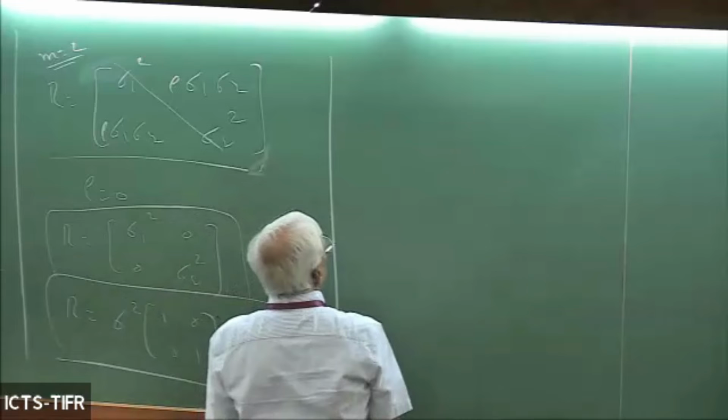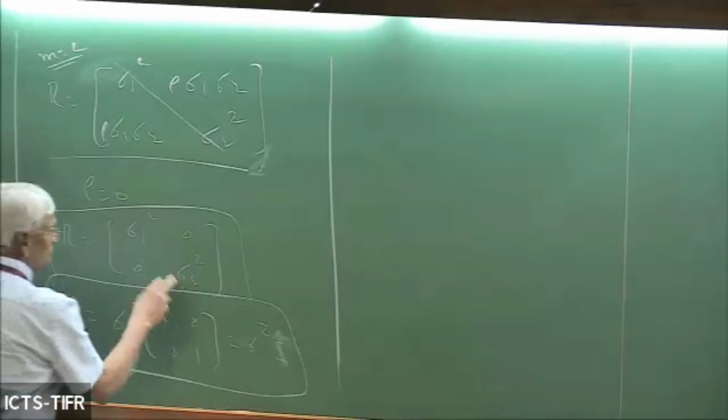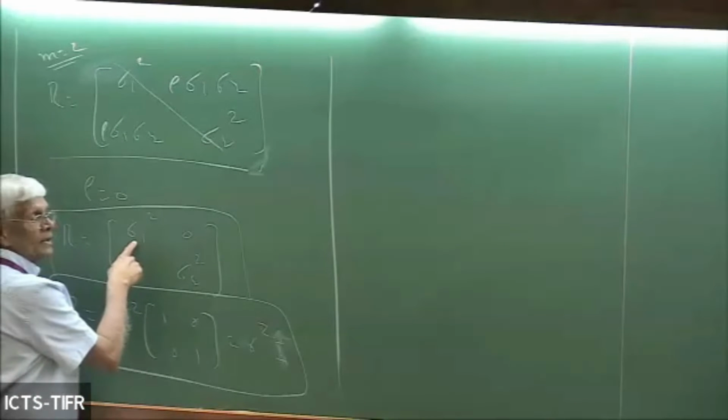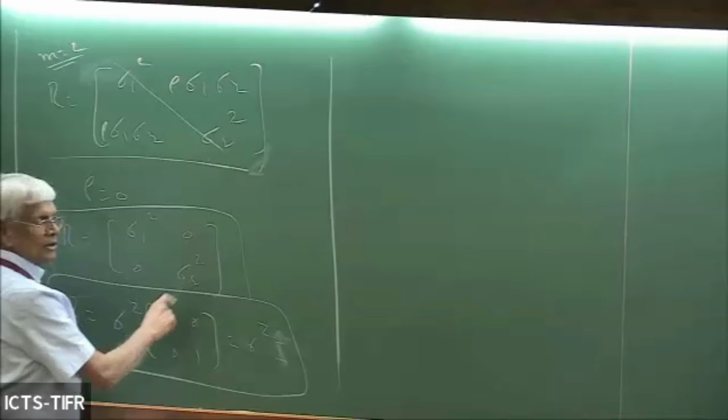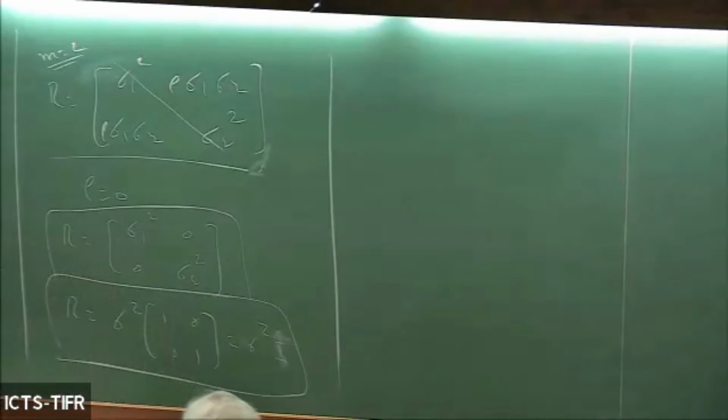So what is it that we are going to do? This diagonal element, if it is this type, means what? The first one has variance sigma square, the second one has variance sigma 2 square. They are all different. If the errors are such that variances are different, it is like mixing apples and oranges.